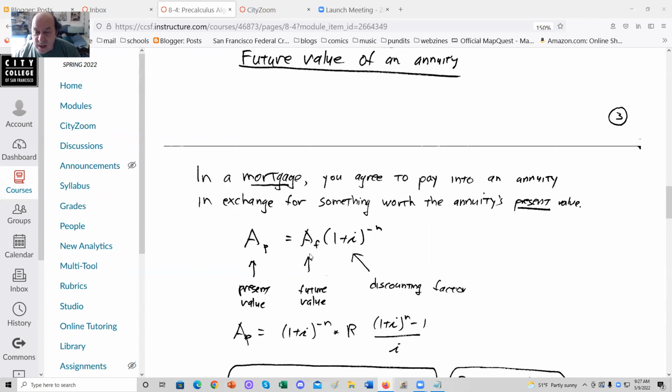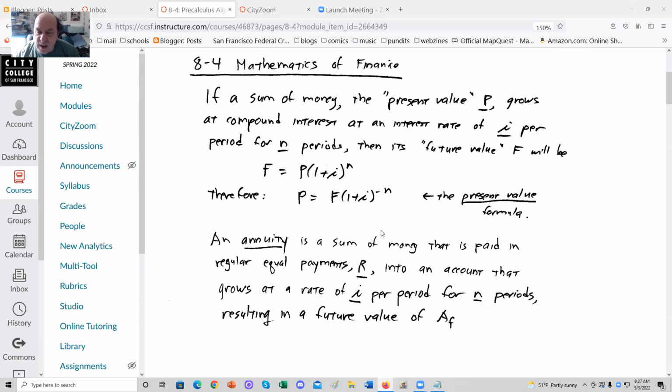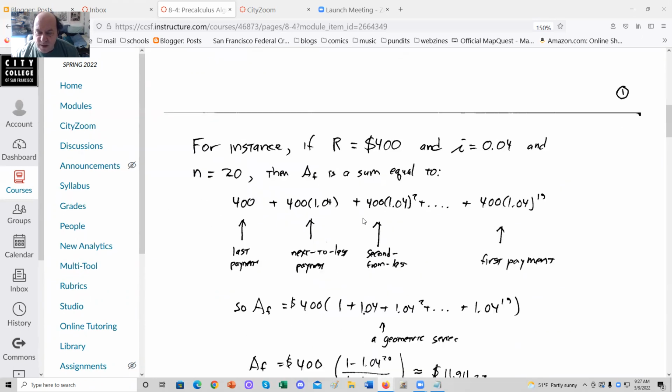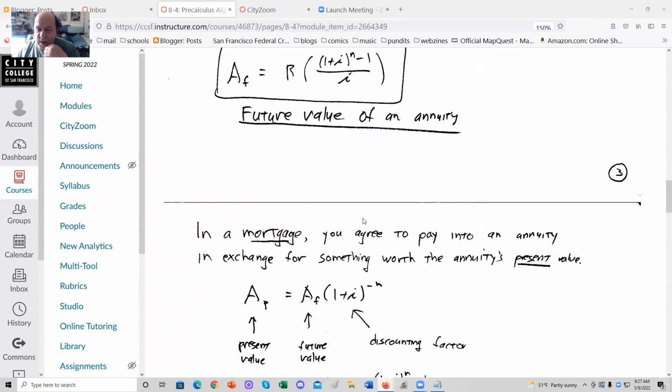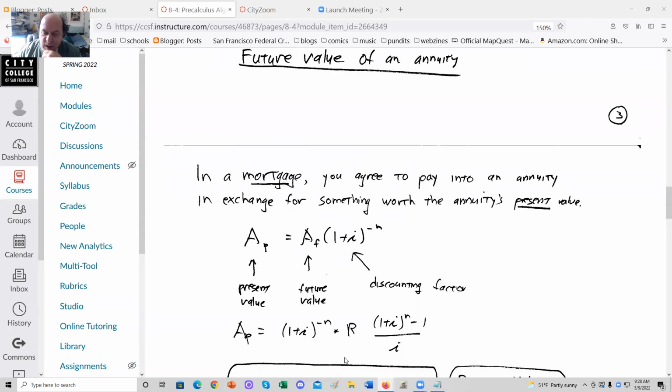The thing is that you agree to a present value. So the present value of the annuity will be the future value multiplied by (1 plus I) to the negative nth power, the discounting factor, which is what we had before. Present value is future value times (1 plus I) to the negative n. So we combine this for the future value with this for the present value.